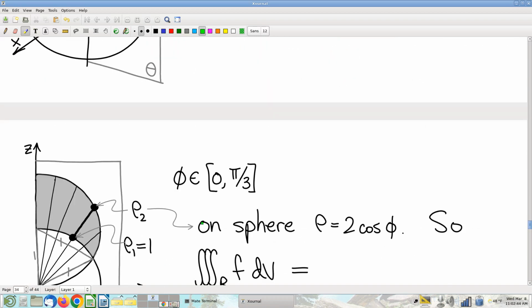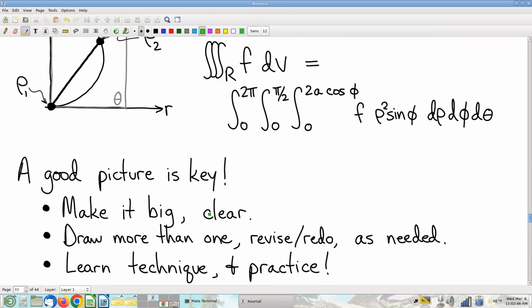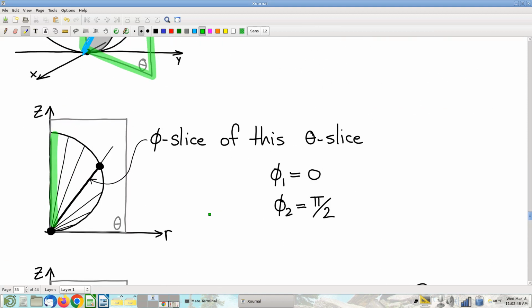If I look at my theta slice, it is tempting to think phi is stuff like this. These are phi slices. Doesn't that look tempting? And it's tempting to say 0 to pi.